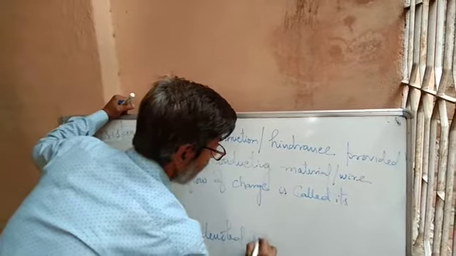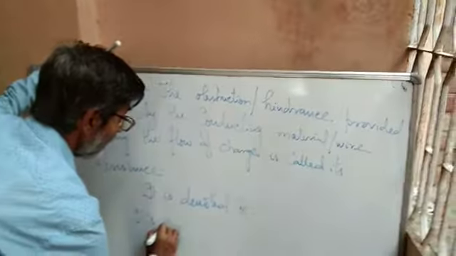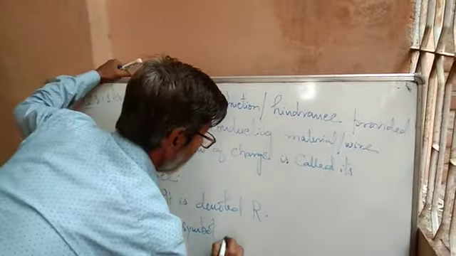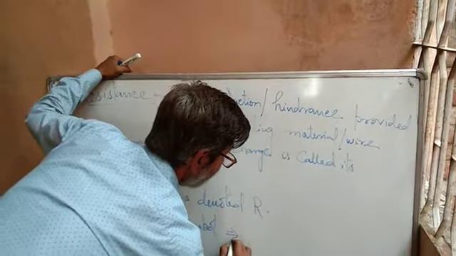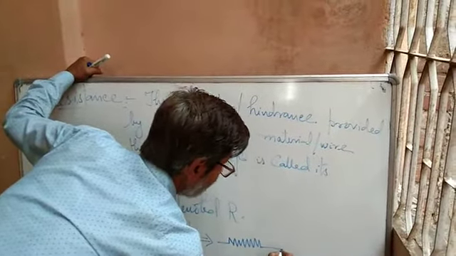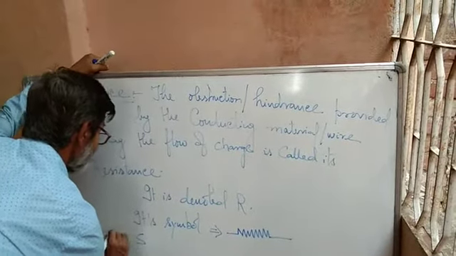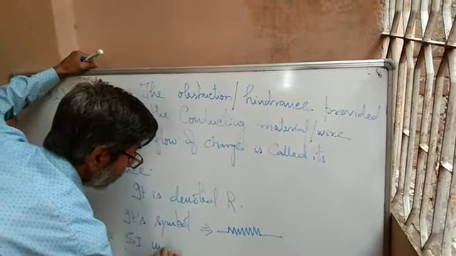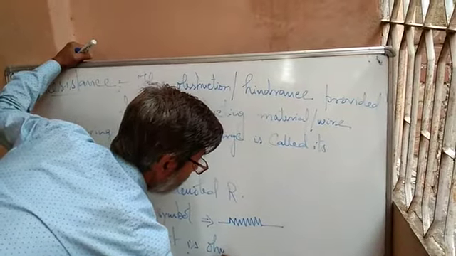It is denoted by R. Its symbol, which you already know, and its SI unit is ohm.